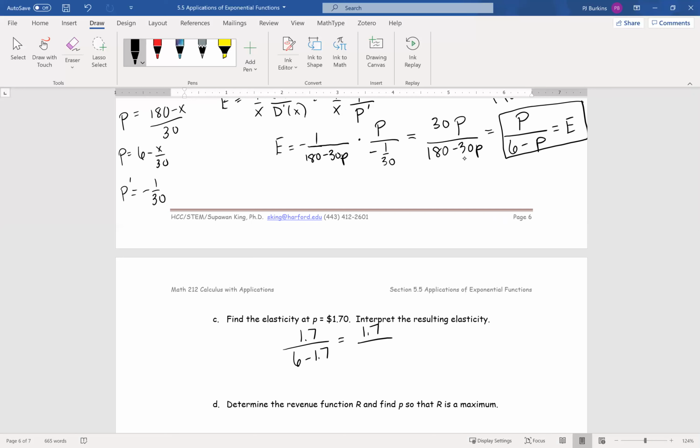Give me just 1 second to make sure I get this fraction correct. So we're dealing with prime numbers here.